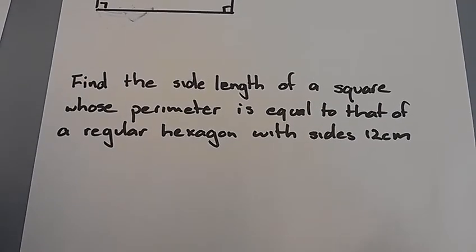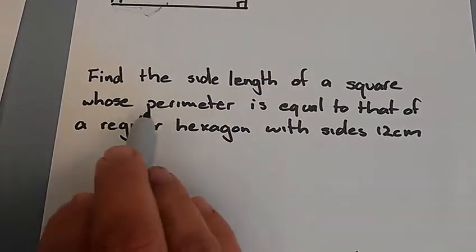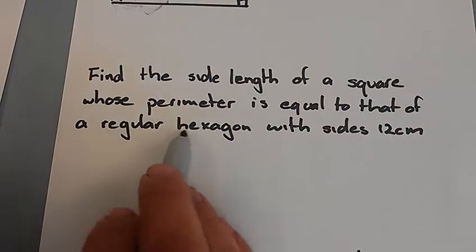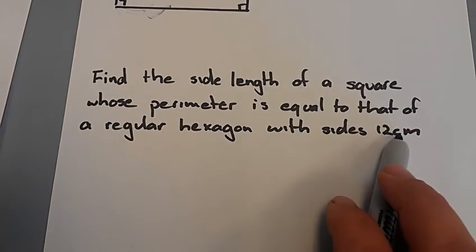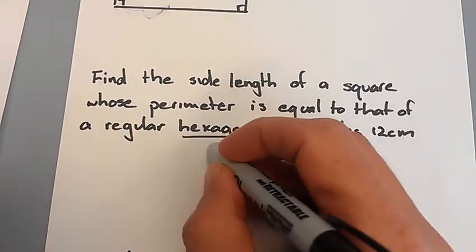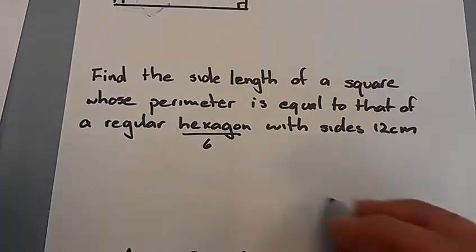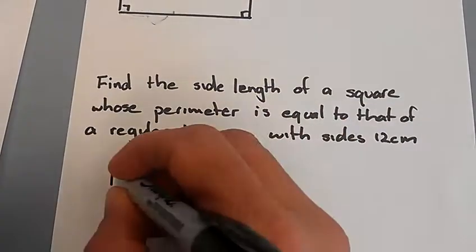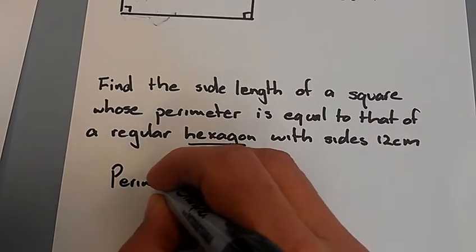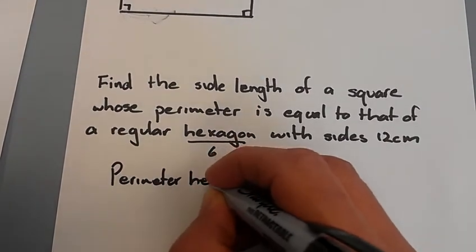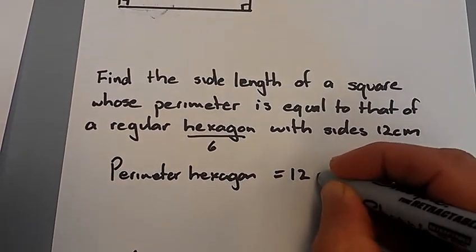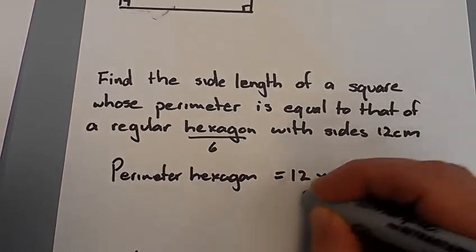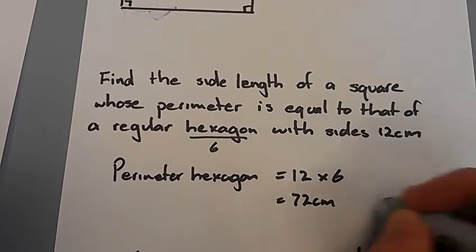Maybe you're asked a worded question. Find the side length of a square whose perimeter is equal to that of a regular hexagon with sides 12 centimetres. So a hexagon has 6 sides. So the perimeter of the hexagon will be 12 centimetres for each side times 6, or 72 centimetres.